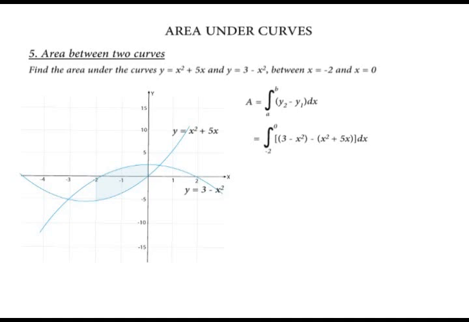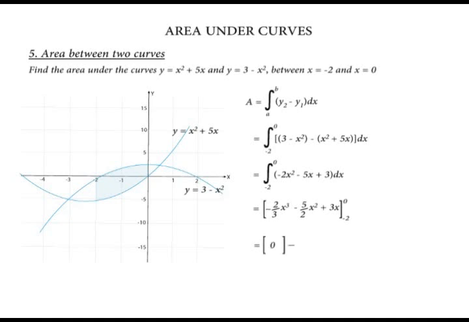If we subtract those two functions, we end up with minus 2x squared minus 5x plus 3. If we integrate that, we get minus 2 over 3 x cubed minus 5 over 2 x squared plus 3x, in square brackets, and then put the limits. Then we substitute and subtract. Substituting the upper limit, we get 0.